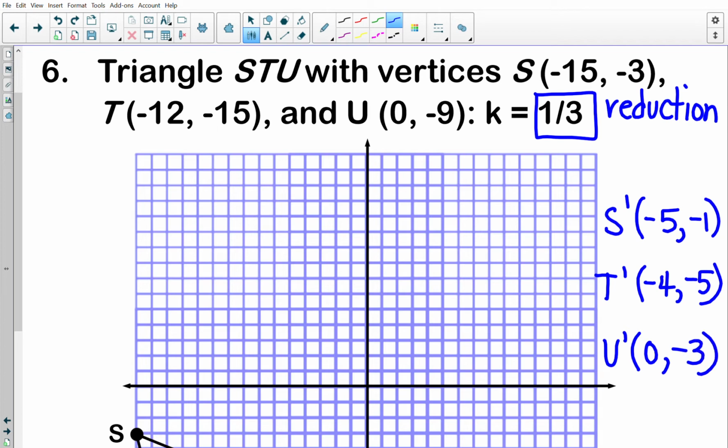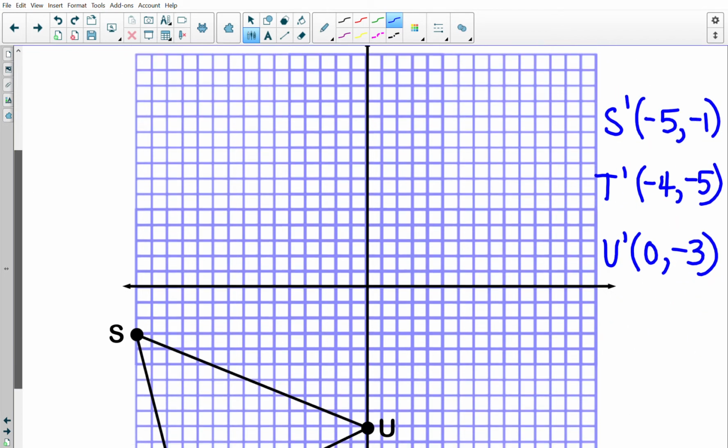And -9 yields -3. So now I'm just going to graph each of those pieces. And I have my dilation.